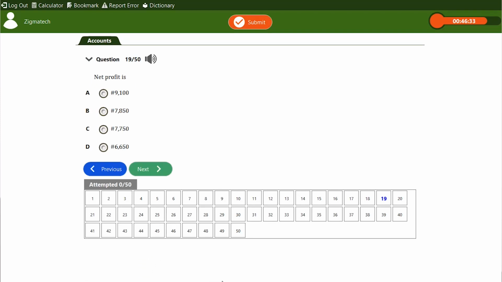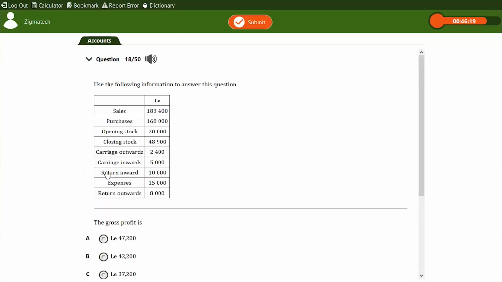They said the net profit is dash. Now we have gotten our gross profit to be 37,300. Now let's go over to the question again. In this question, if our gross profit is 37,300, the net profit is very simple.